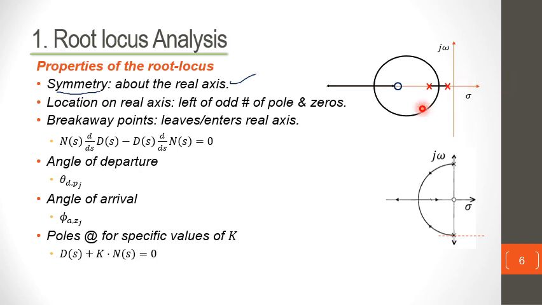What this means is that the bottom part and the top part of the real axis will be mirror images of each other. So if you look at this root locus, you'll see that there's a line here, and then you have a semicircle on top of the real axis, and this semicircle will also have a mirror image at the bottom.